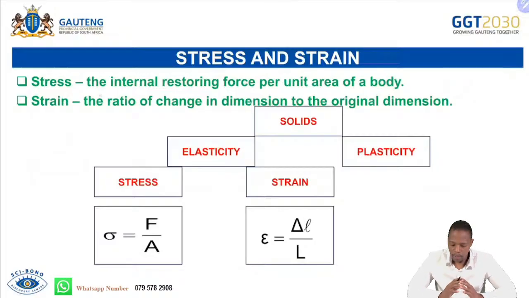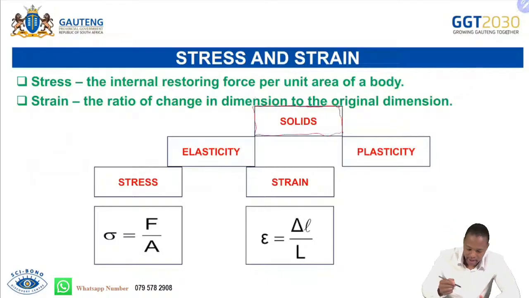So what happens here, grade 12, is that we have solids. These solids will maybe be put under load, where a load is hanging. Let's say you have a rod here that is mounted on some roof, and this rod is carrying a very heavy load.